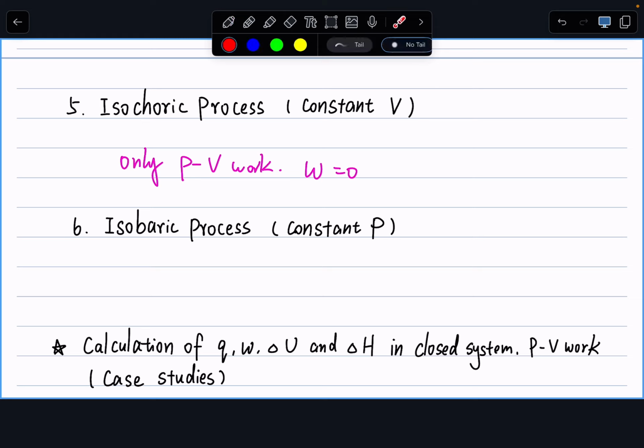So work equals 0 for only PV work and isochoric processes. And then for isobaric processes, this one we didn't talk too much about, a constant pressure process. One thing you know is that for constant pressure, when doing the integral for the work, PdV, you can take the pressure out. Or we use constant pressure to give enthalpy a physical meaning, that is, delta H equals QP.